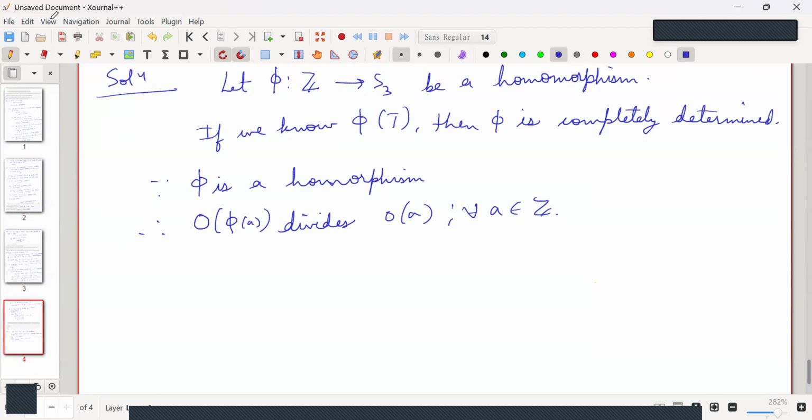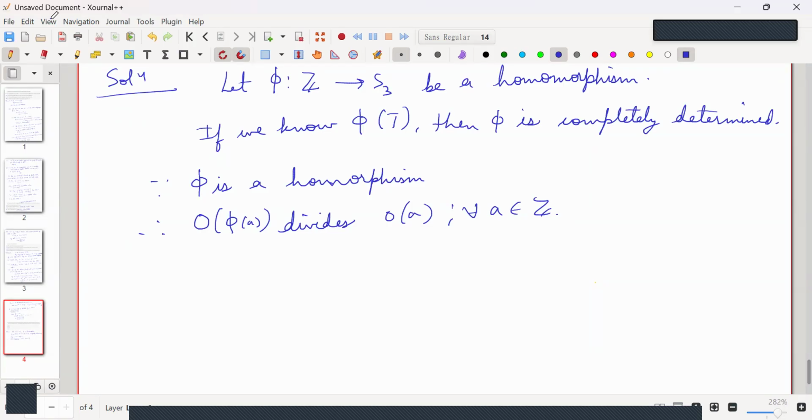So what will be phi of a^n? Phi of a^n is phi(a) raised to n, right? Yes. But phi of a^n is also the same as phi of identity, because a^n is identity. And phi of identity is identity.